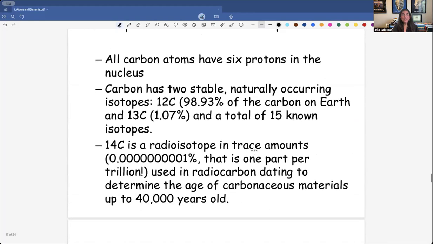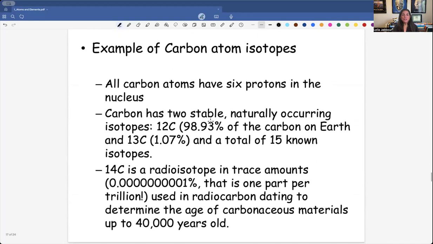So the carbon and its isotopes. Carbon-12 is the most naturally occurring one: 98% of the carbon on Earth is carbon-12. Carbon-13 represents 1%, and there are really overall 15 different carbon isotopes with even smaller percentages.